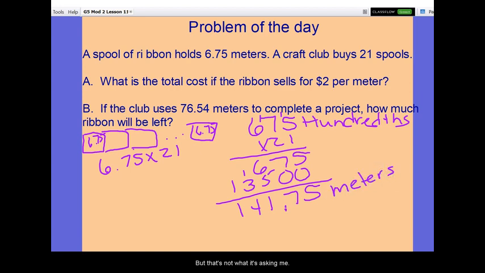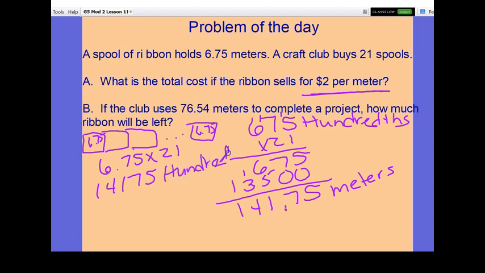Okay, but that's not what it's asking me. And now it wants me to find out if each meter is $2 and I've bought 141 and 75 hundredths meters, then how much did I pay for the ribbon? So now I need to take my 141 75 hundredths and multiply that by 2.